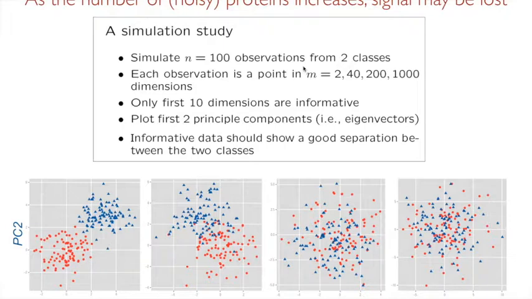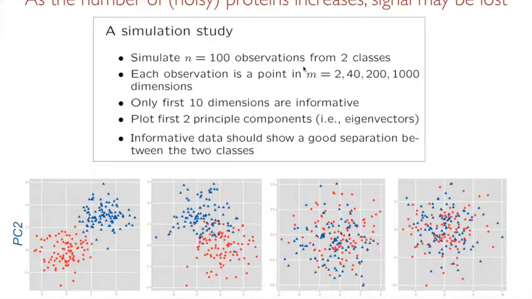Now they have 10 dimensions, 1, 2, up to 10, which actually have some differences between the groups. They built it in so that these values are systematically different from these values. And then everything else is just noise. So from 10 all the way up to n is just noise, with no difference between groups whatsoever.